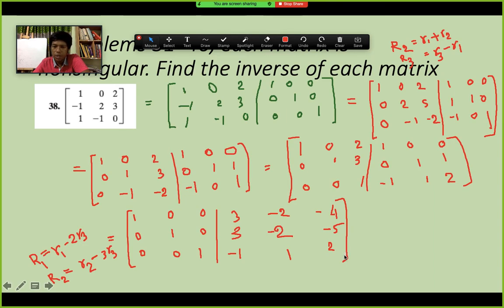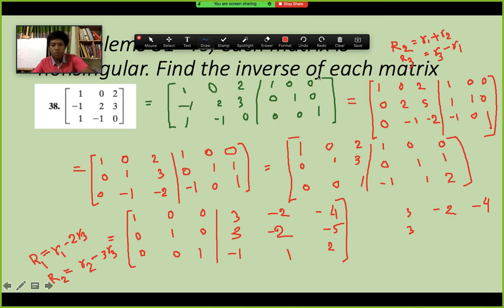So how do we know whether we have made any careless mistakes or not? We can make sure by verification. So 3 minus 2 minus 4, let's verify it.